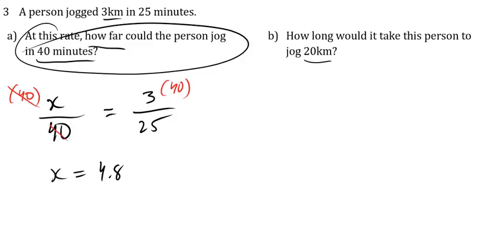So I'm going to start with the question. How long, so that's minutes, would it take to jog 20 kilometers if it takes 25 minutes to jog 3 kilometers? So I have kilometers on bottom in both cases and minutes on top, and I've got X on top and X on the left.